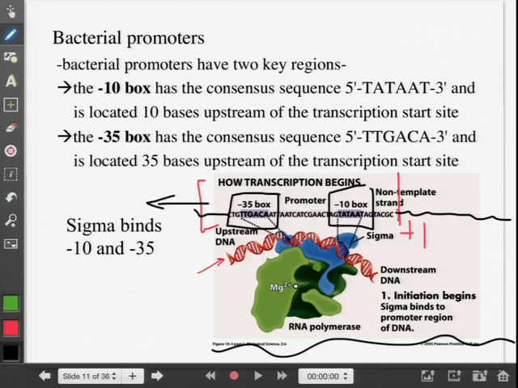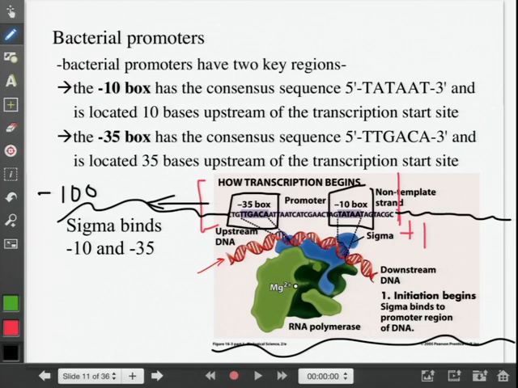So if you kept counting, the DNA keeps going, minus 100 would be over there, right? So we count backwards in the promoter regions. That's how you can tell it's not coding for a protein if it's got a minus number, right? Whereas the RNA, we call the first base pair of RNA plus 1, the second plus 2, plus 3, plus 4, plus 30, plus 500, however big that RNA is.